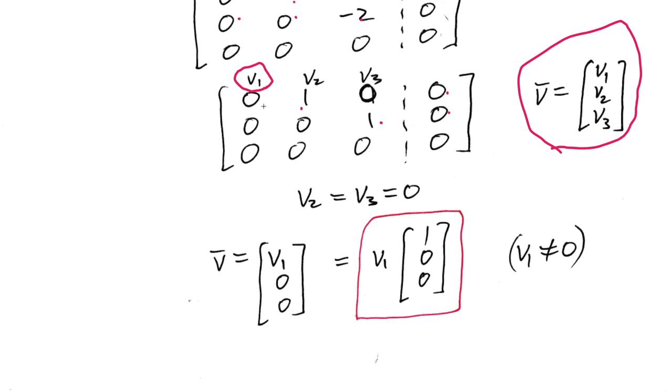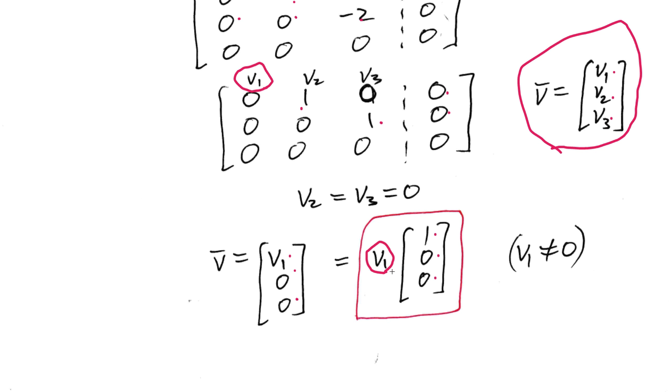So anyways, there are infinitely many solutions to the system, but all the solutions would look like this, from Gaussian elimination: v1, 0, 0. So that means v1 is free, but v2 and v3 are both 0. And then I just factored out the v1. So we would say that 1, 0, 0 is an eigenvector.